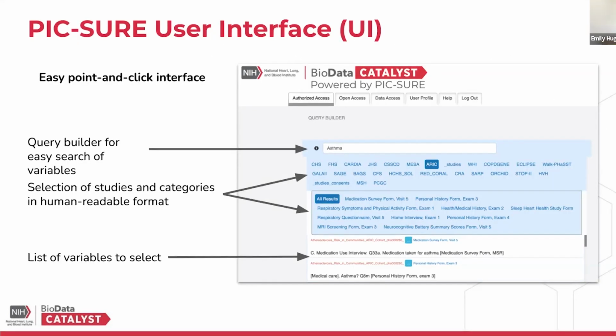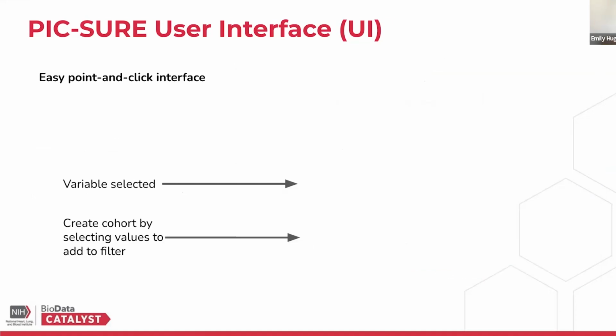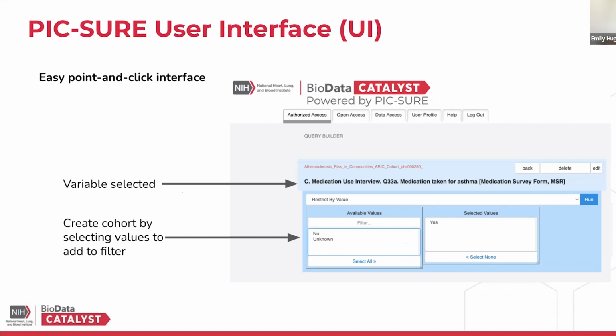So here's what the user interface looks like. When you go to that link, you'll be able to see the query builder tool where you can search a term of interest. And then you're able to select the study and the category of variables, and then even select the specific variable you're interested in. And then once in that variable, you'll be able to filter based on that specific variable.